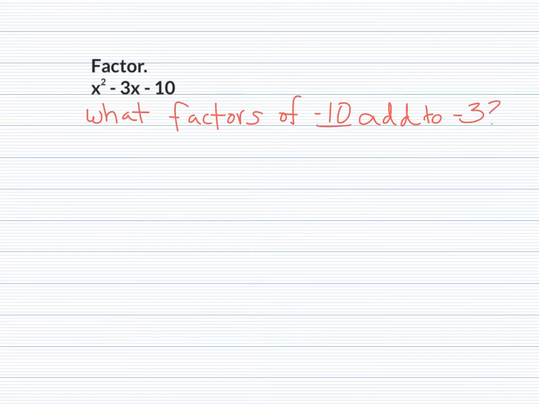There's our C value, negative 10. Our B value is negative 3. So, looking at negative 10, what are the factors?